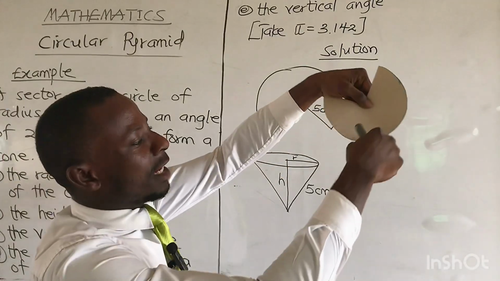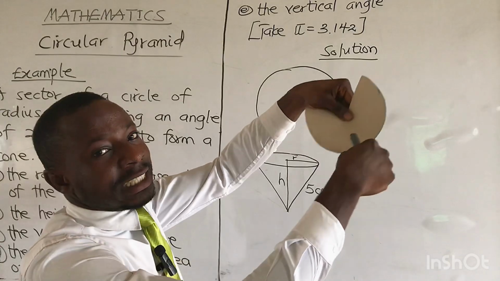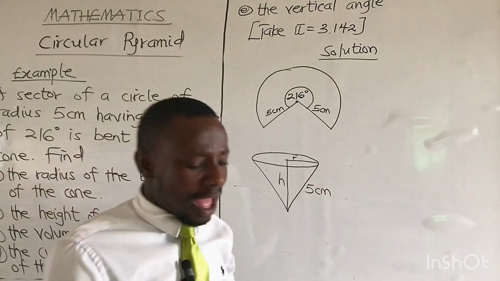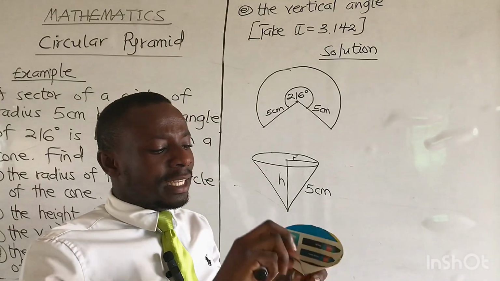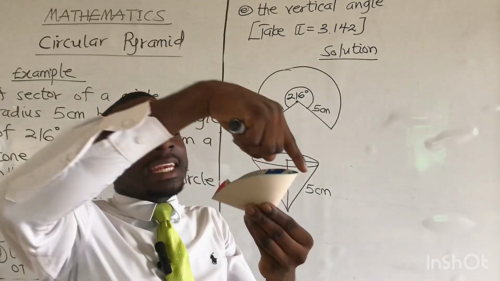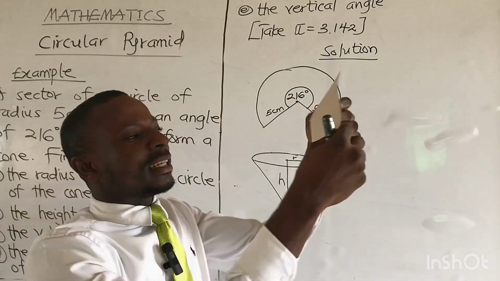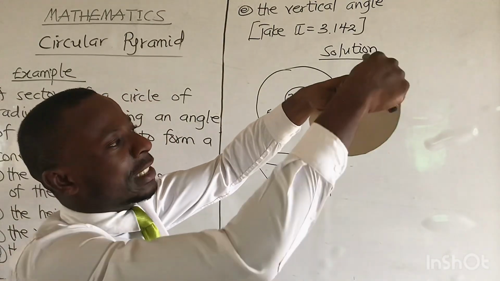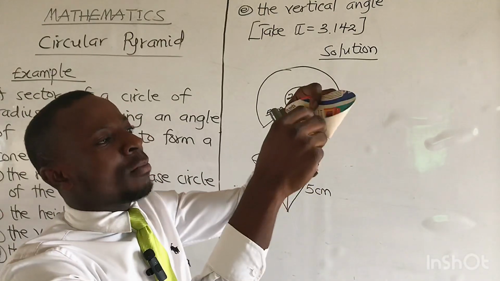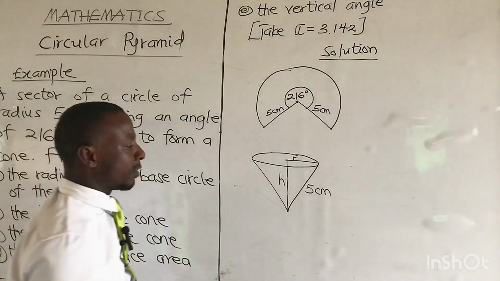This whole side, we call it the length of an arc. Now this length of an arc, after I bend the sector, it will now become the circumference of the circle. So initially it was like this, which is the length of an arc. When I bend, it will now become the circumference of the circle.